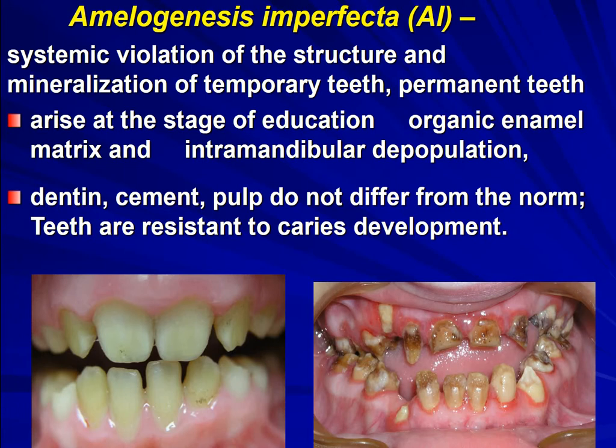Dentin, cement, and pulp do not differ from normal. Teeth are resistant to caries development. On these photos you can see an example of amelogenesis imperfecta.